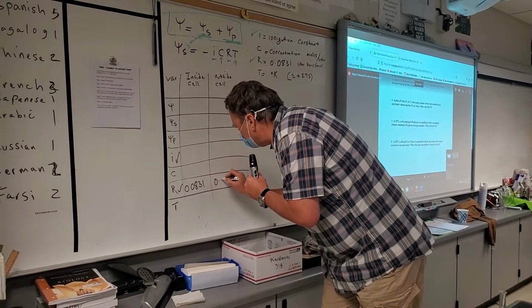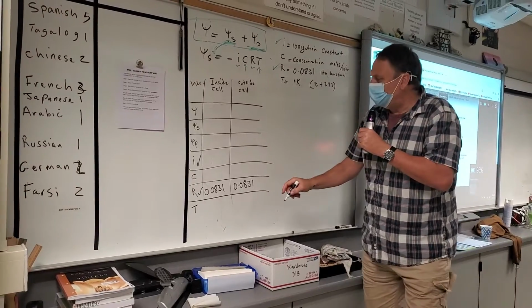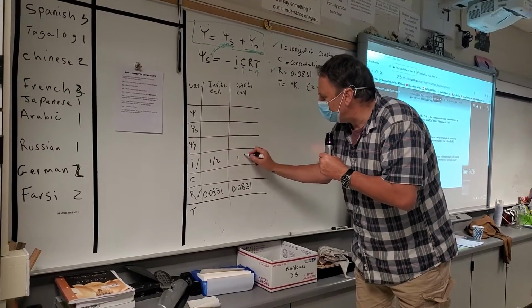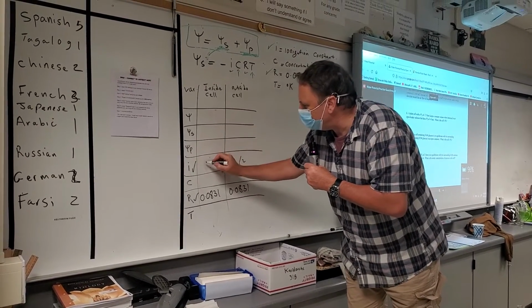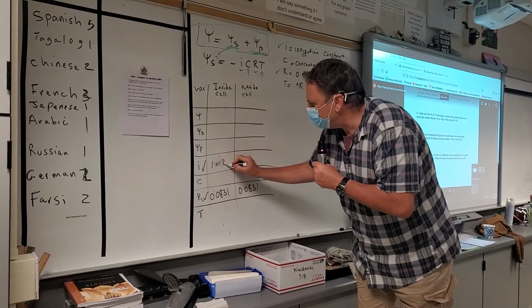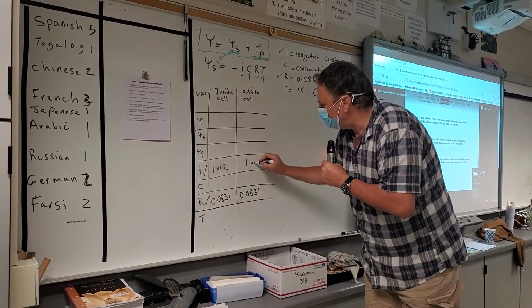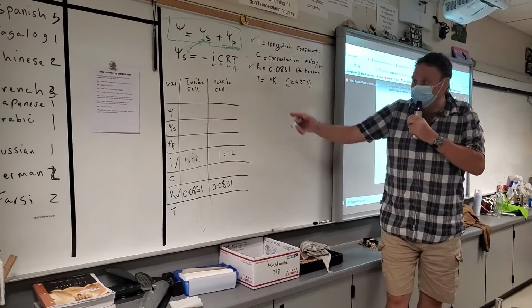So these two are done, and this one I have. It's either 1 or 2. I should just probably write it down: 1 or 2. Most probably, right? So I just haven't figured out the other ones.